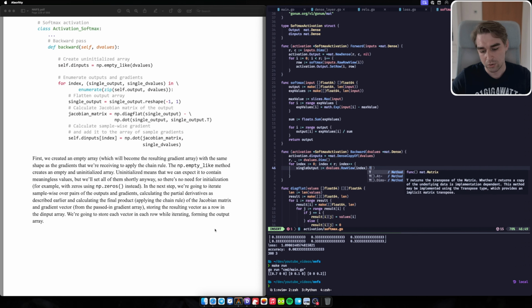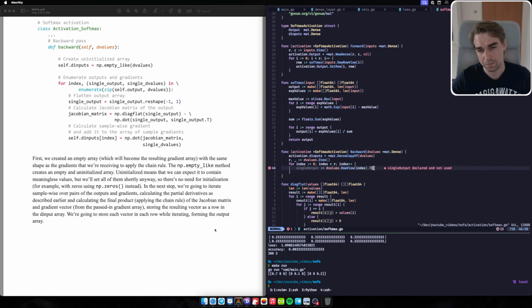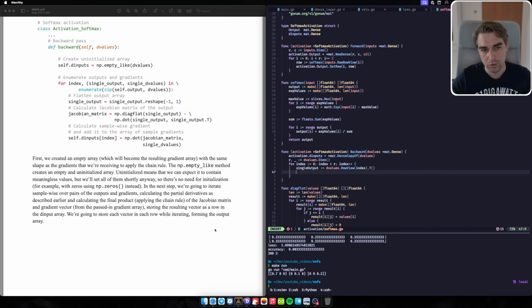And I think I need to transpose it because of the shape. It should give me the column vector.